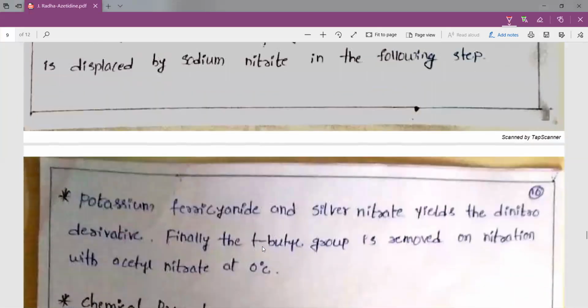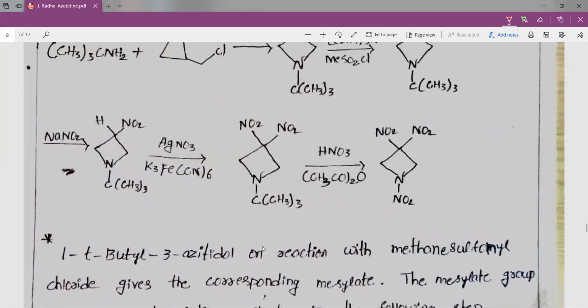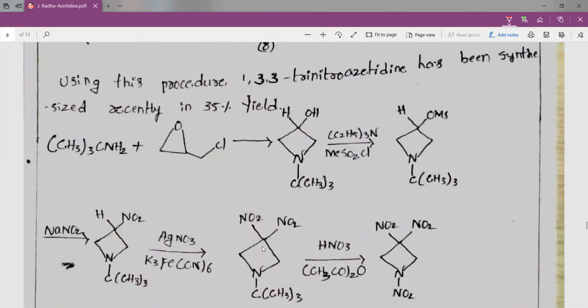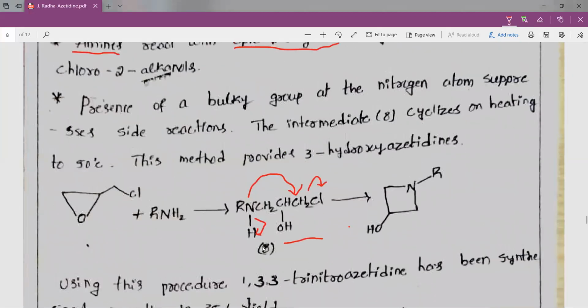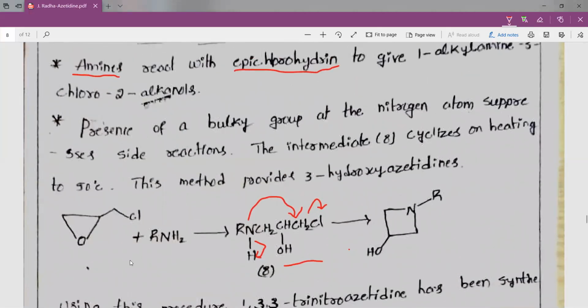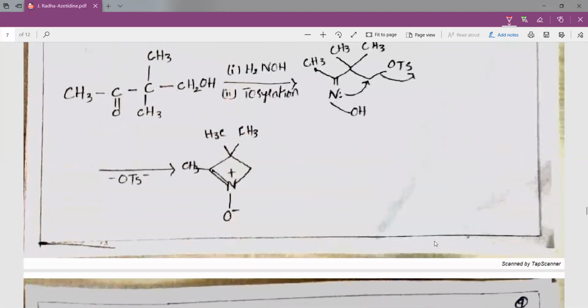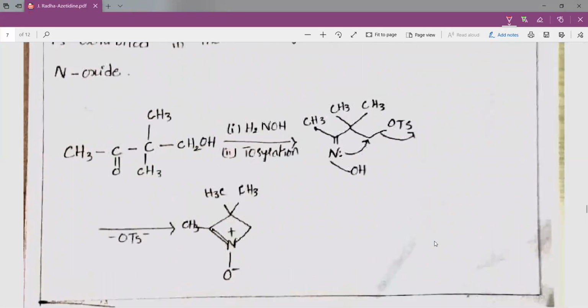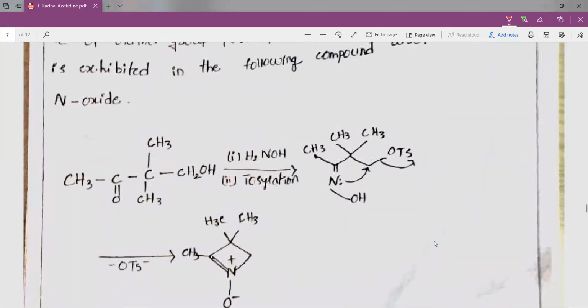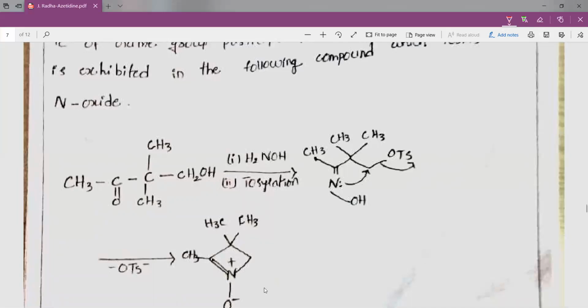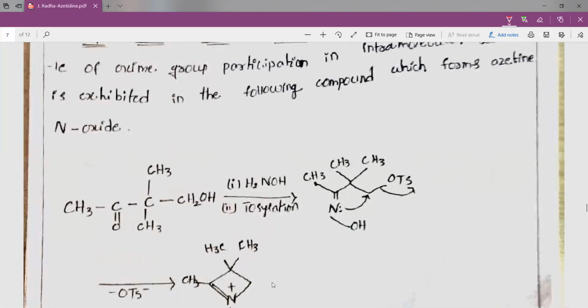And under synthesis, we have different methods. So the important ones are these. Reaction of epichlorohydrin with primary amine to form 3-hydroxyazetidine. This is where oxime is converted into azetidine N oxide. This is a reaction where ketoxime is converted into azetidine N oxide.